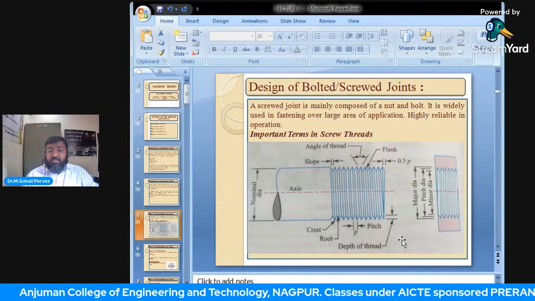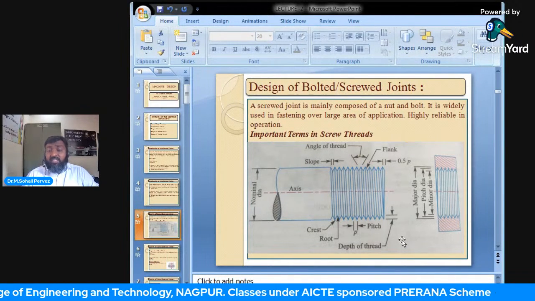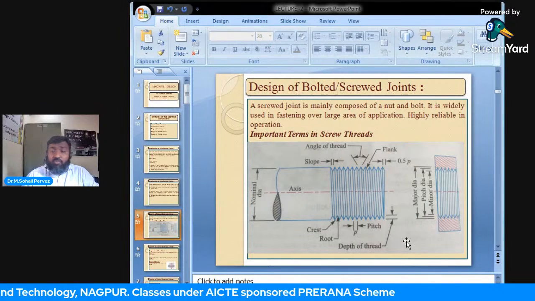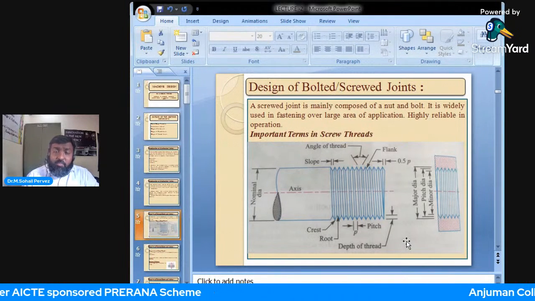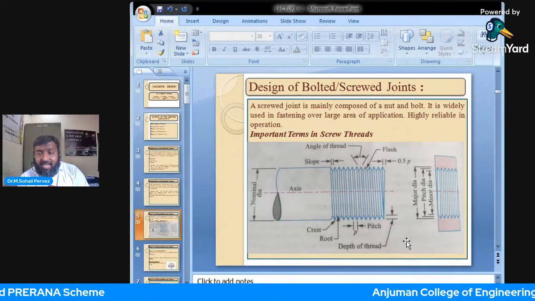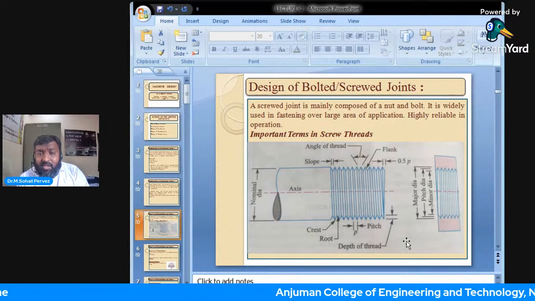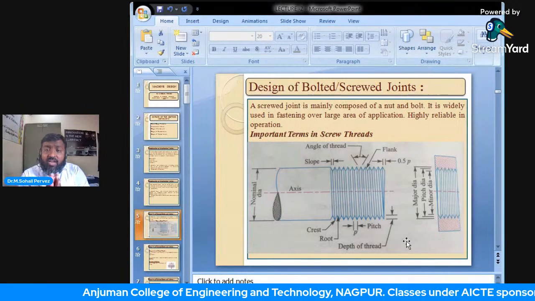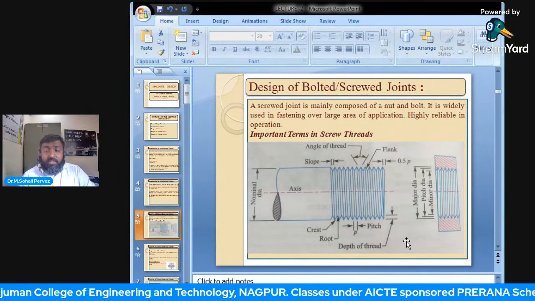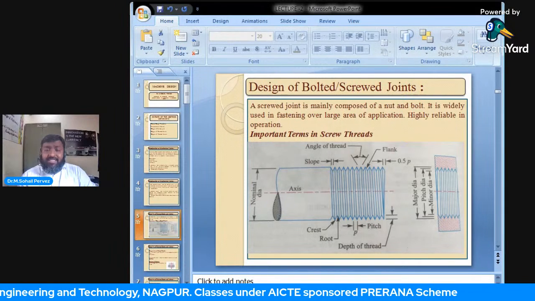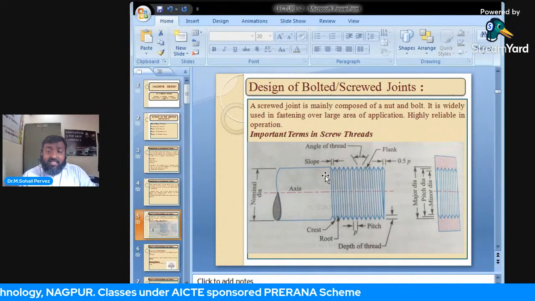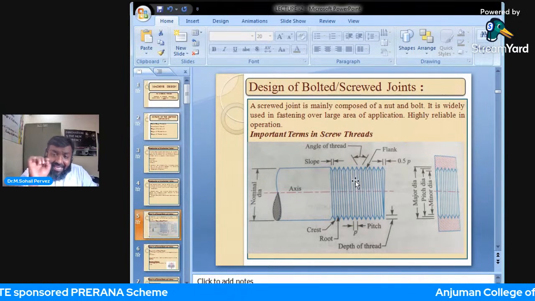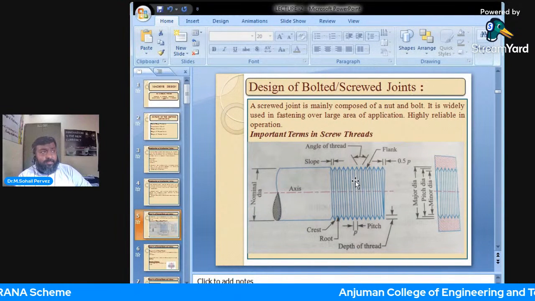So these are the three diameters which will influence the calculation and the strength criteria of design of bolts. So whenever we want to design a bolt, we must understand at which portion the stress will be more. Now look at this diagram. We can say that this part is solid, known as shank. This is threaded. Some material is removed out of that.